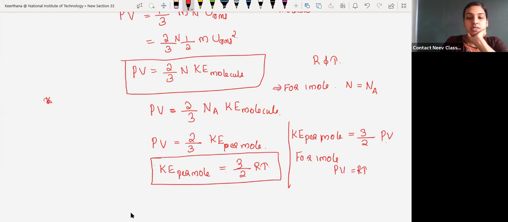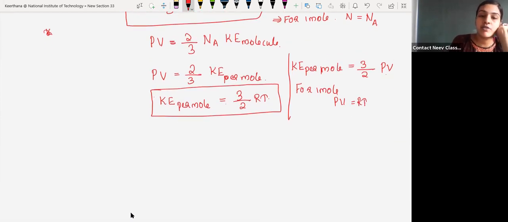So by this expression, you can say that average kinetic energy of a molecule depends only on temperature, and R is a universal constant, and 3/2 will not change in any condition. So average kinetic energy only depends on temperature, or it is a function of temperature.